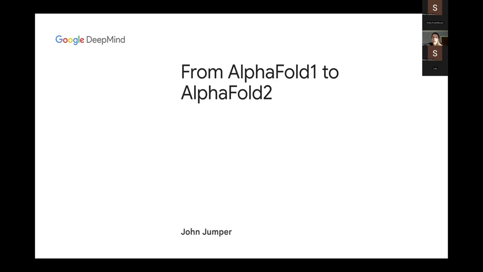But yeah, when John asked me to talk, I was thinking, what should I talk about? And I realized we haven't really that well told the story of, maybe not even AlphaFold1, but really, how did we get from AlphaFold1 to AlphaFold2? So the story I really want to talk about is the ideas in the middle.